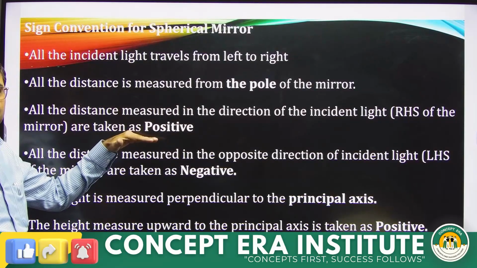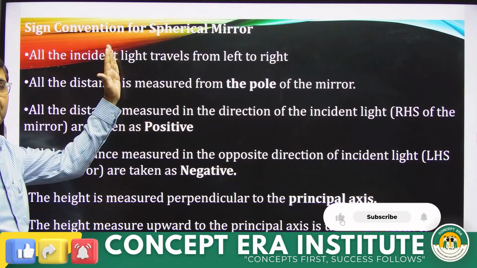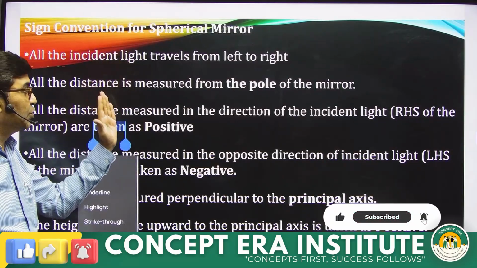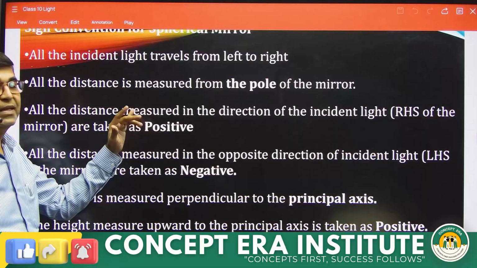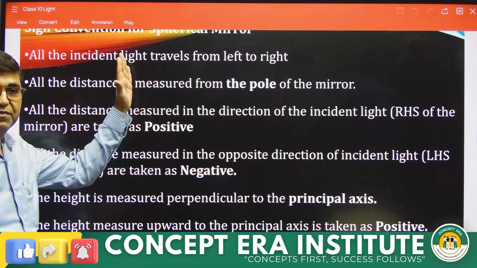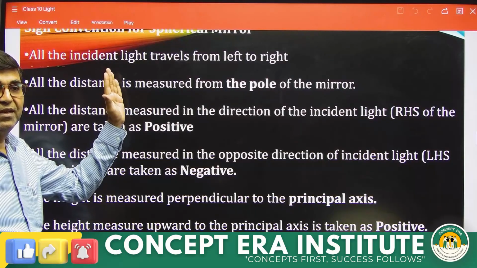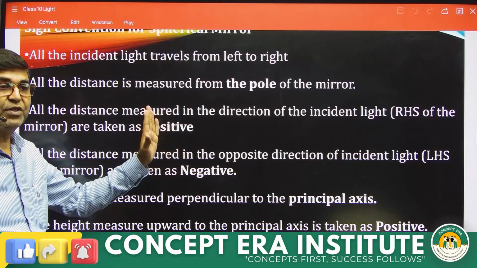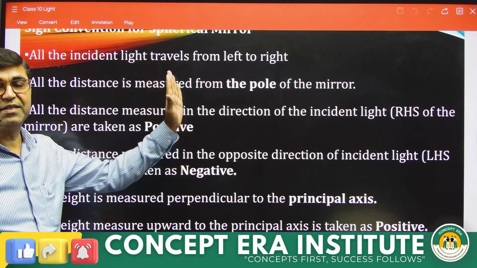All the objects are kept above, in front of the principal axis. So the object height will be taken as positive, and if the image is real and inverted, the height is taken as negative, and for a virtual image that is erect, the height is taken as positive.